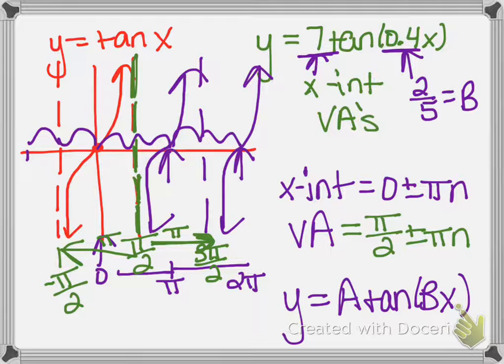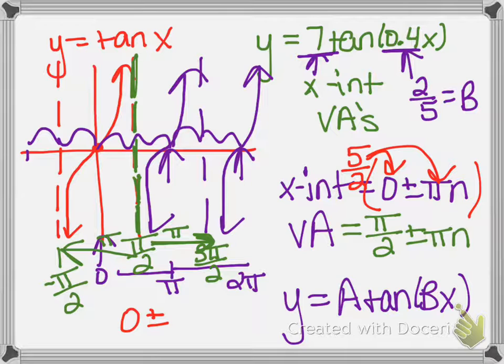So to locate your new x-intercepts, which was what this question was asking, you would take the equation for your original x-intercepts and you would now multiply through by the reciprocal of b, which is 5/2. Now what that means is your original x-intercept is still going to stay at 0. But instead of having to go pi units to get to the next x-intercept in either direction, you will now have to go 5 pi half units in any direction to get to your next x-intercept.